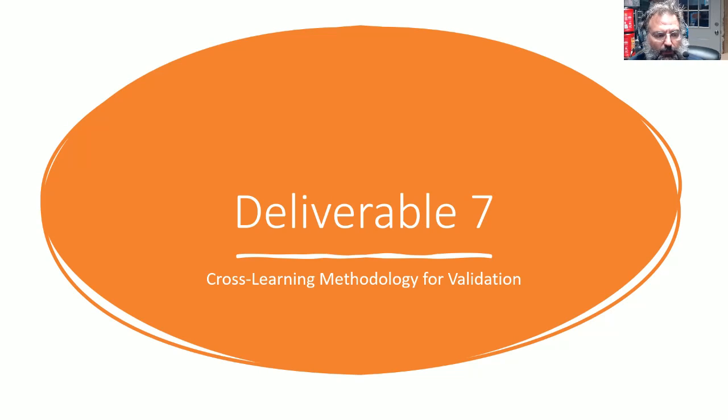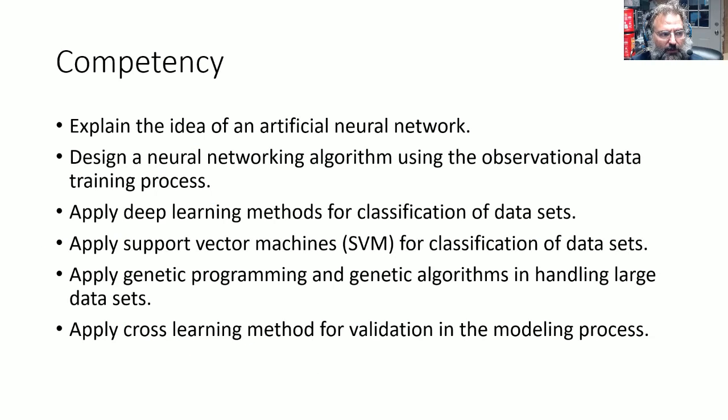Moving on to deliverable 7. This is the entire sort of capstone. So the competency is to be able to explain the idea of an artificial neural network, design a neural network algorithm using observational data, that is labeled data, apply deep learning methods for classification of data sets.